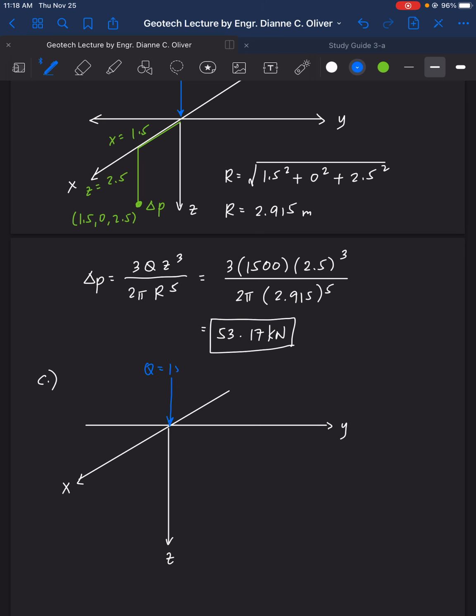We have there Q 1,500 kilonewton. Then the location is 1.5 for the X, 2 for the Y, and then you have 2.5 for the Z. So that is 1.5, and then downward 2.5.